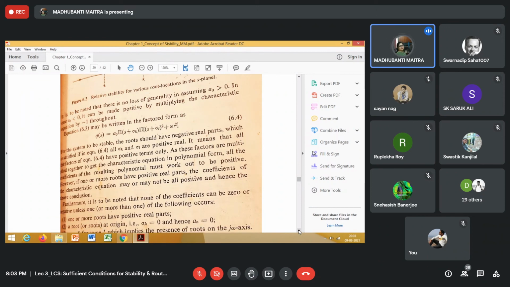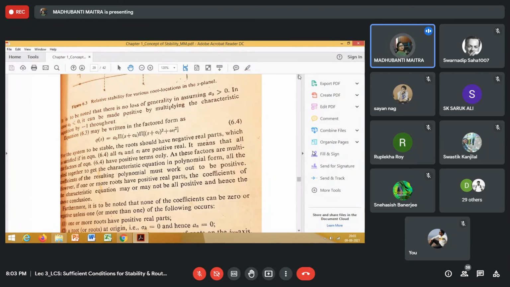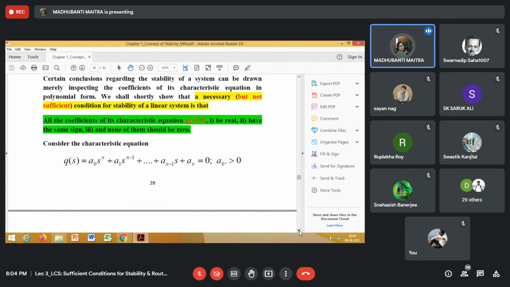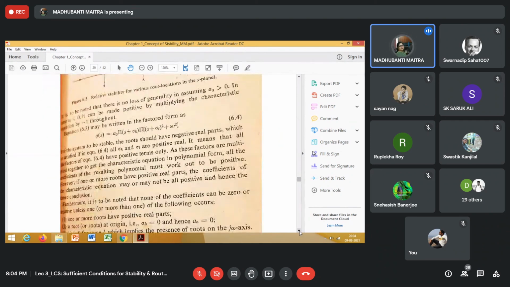So while we multiply all these factors, it might so happen that because of that missing term, twice S sigma L, ultimately in the characteristic equation one coefficient will come out to be 0. And similarly, we can place the same argument.